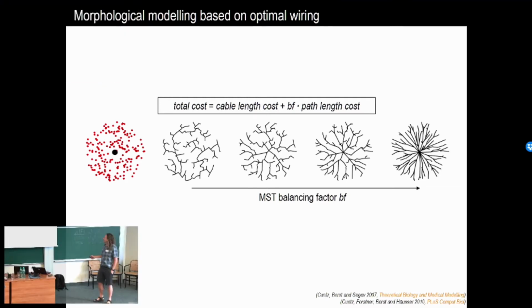So in this model, we assume that the input locations are known. These are the red dots, and in black we have the summation point, the root of the dendrite. A dendrite has to collect these inputs, so it has to extend towards them, and it may do this efficiently, by minimizing the amount of material.